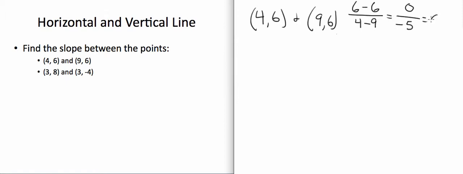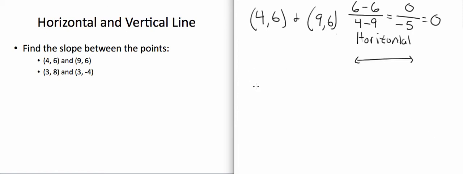That's equal to 0. Zero divided by anything is 0, this means this is a horizontal line. It has no slope. So the line would look like that. Okay? That's what horizontal means. It goes left to right.